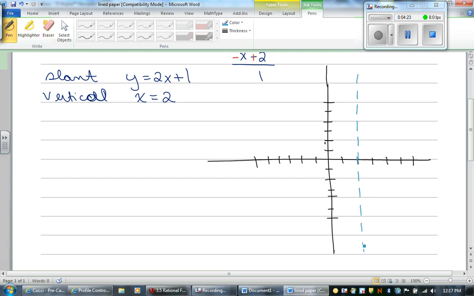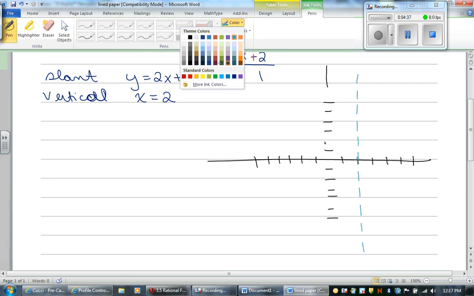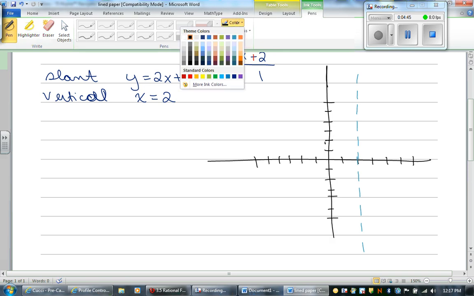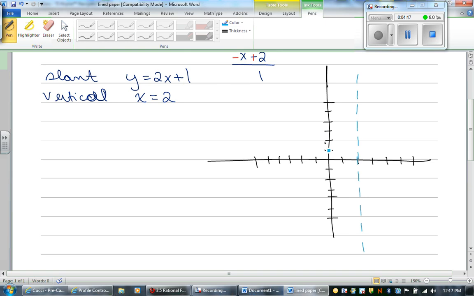And for 2x plus 1, we know the y-intercept's at 1, with a slope of 2.